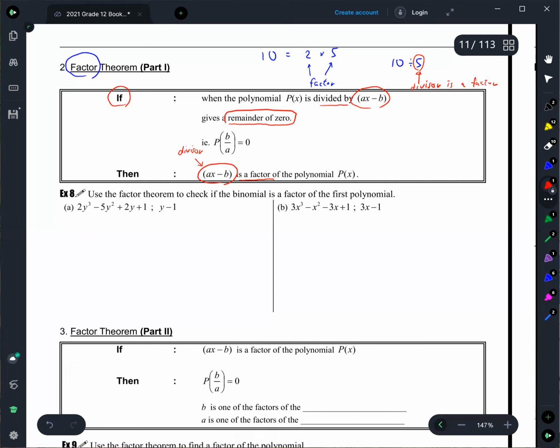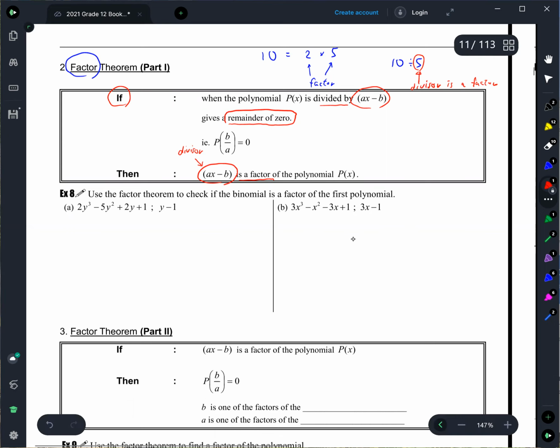So all you need to do is just to check whether the remainder is 0 or not. Okay, if the remainder is 0, then it's a factor. If it's not, then it's not a factor, right? You just check if the remainder is 0.